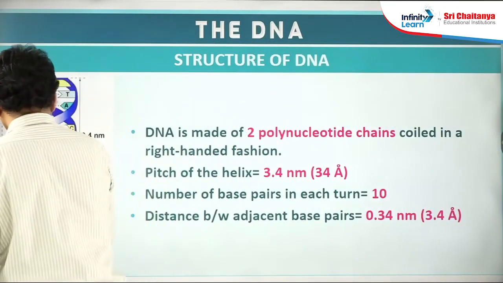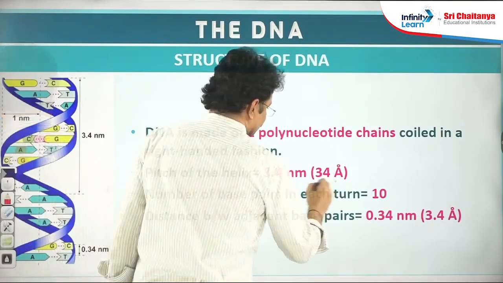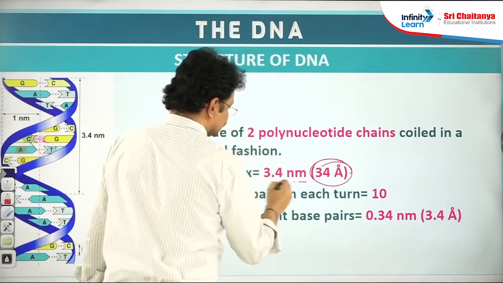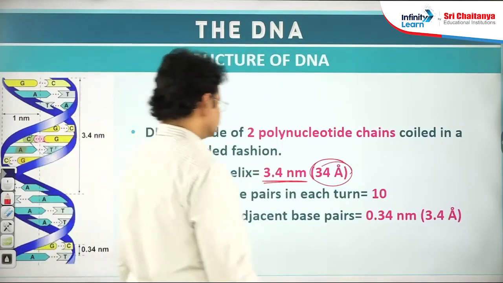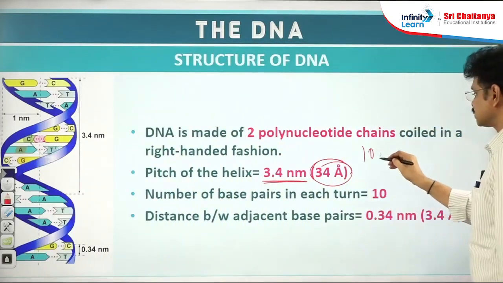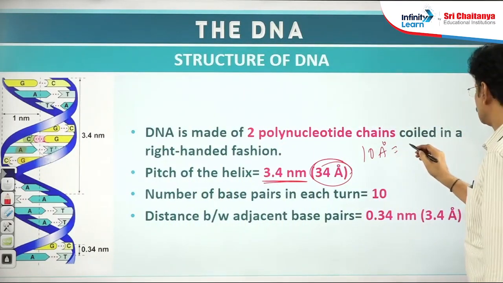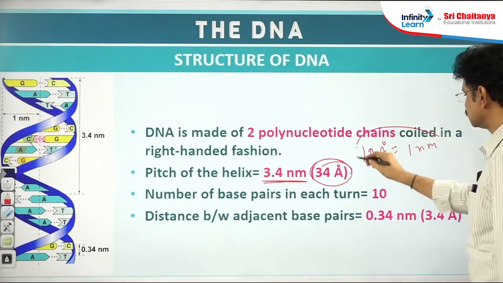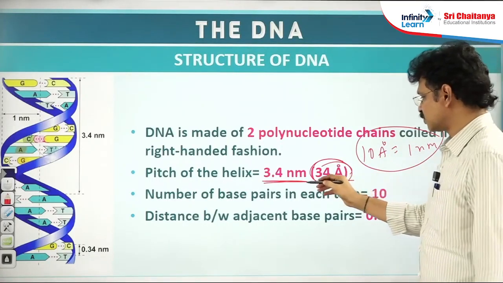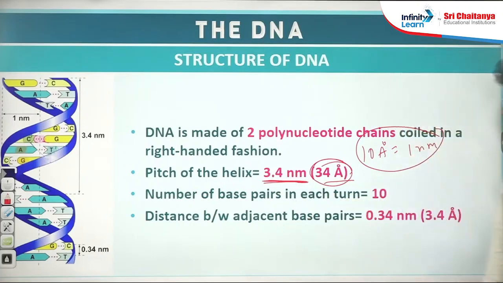We can convert the angstroms into nanometers. 34 angstroms equal 3.4 nanometers. It means 10 angstroms equal 1 nanometer. That's why 34 angstroms equal 3.4 nanometers. The number of base pairs in each strand, each turn or each helix, is 10.